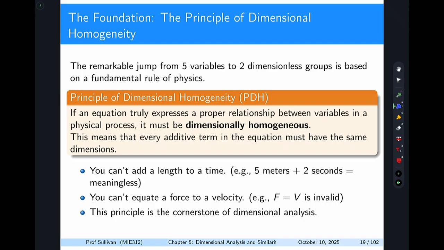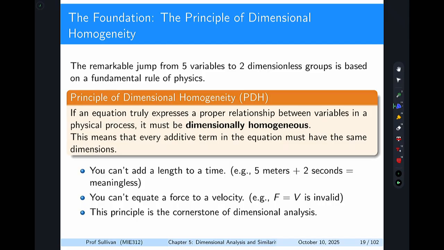You can do the same thing with equations. If you look at the Navier-Stokes equations, often you'll see them non-dimensionalized, but almost everything you can non-dimensionalize. If an equation truly expresses a proper relationship from variables in a physical process, it must be dimensionally homogeneous. And you already know this. You know that you can't add meters to seconds.